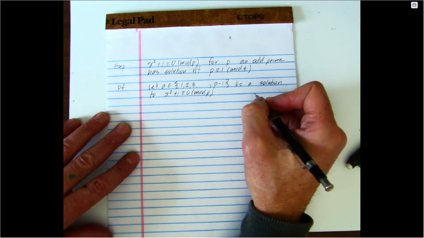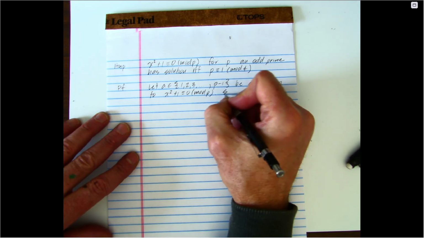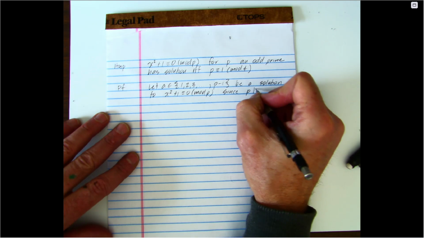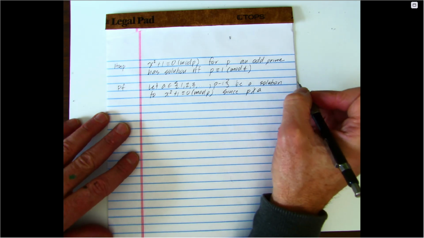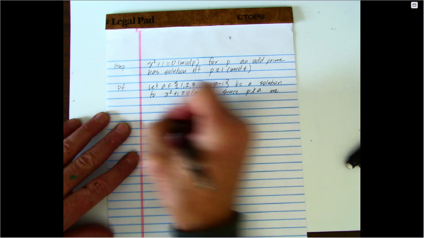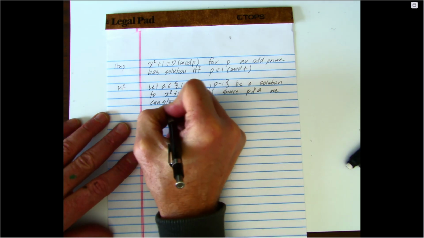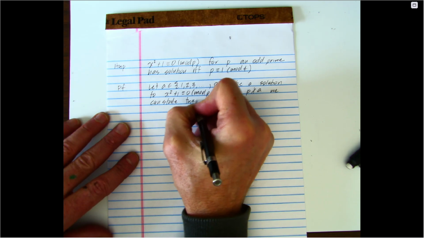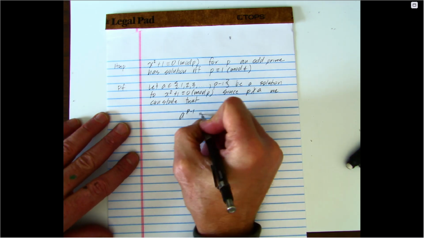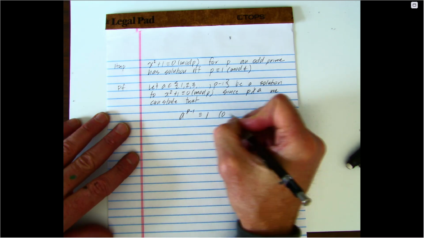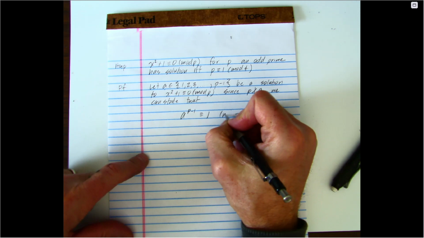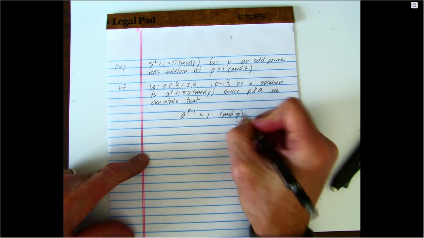So let's see, since p doesn't divide a, we can state that a to the p minus 1 is congruent to 1 mod p. This is Fermat's little theorem, right?